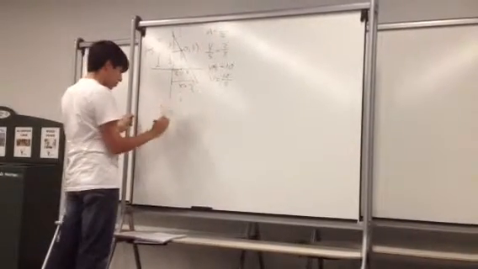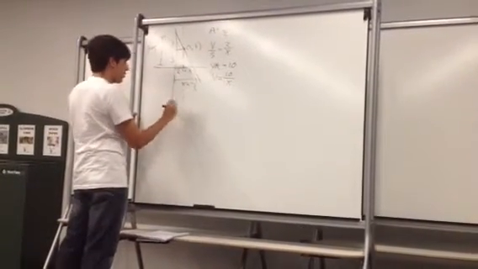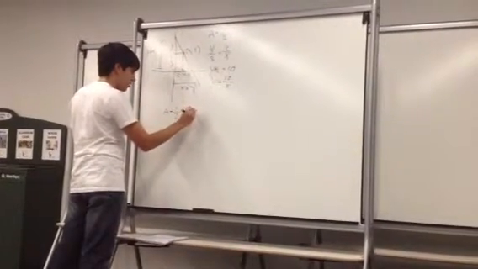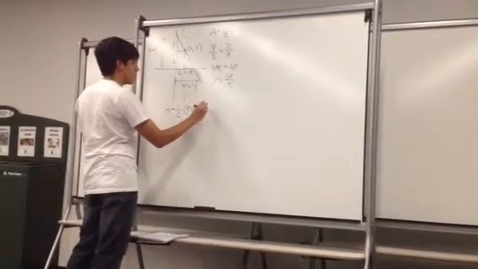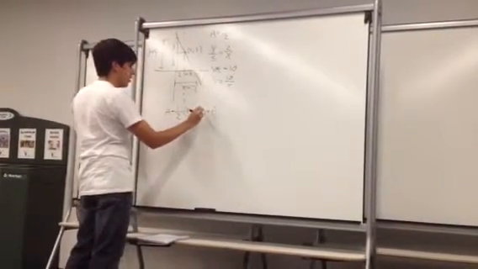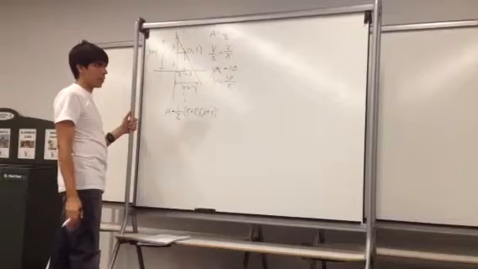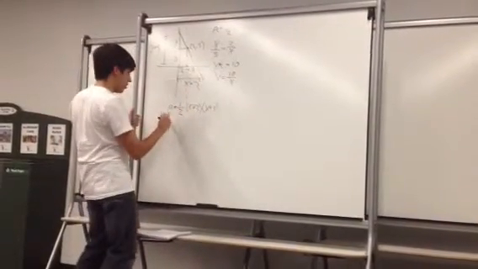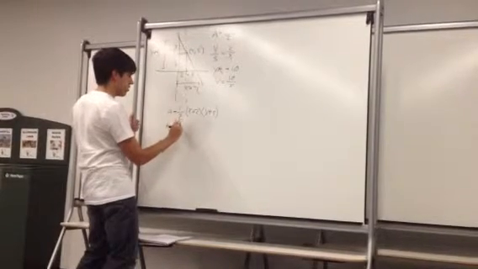So A is going to equal half of base, which is x plus 2, times height, which is y plus 5. Now, in order to have it in terms of x, we already substituted for y, so we're going to change y to 10 over x.